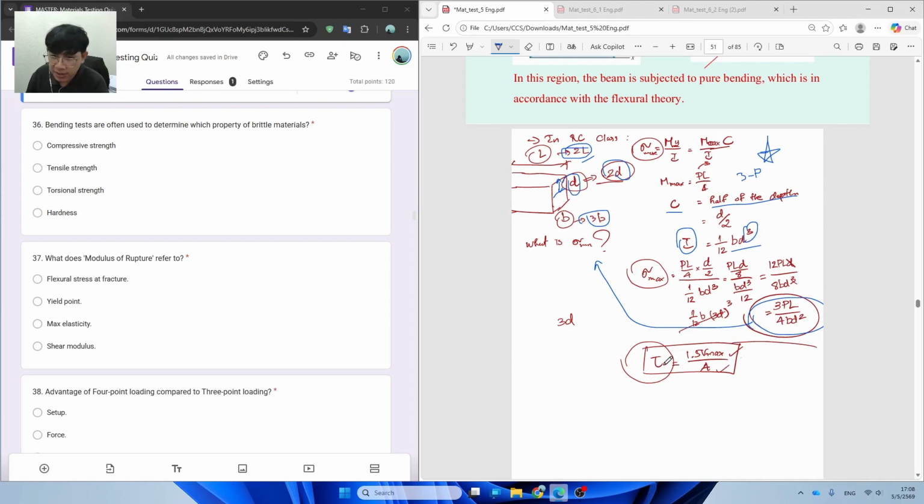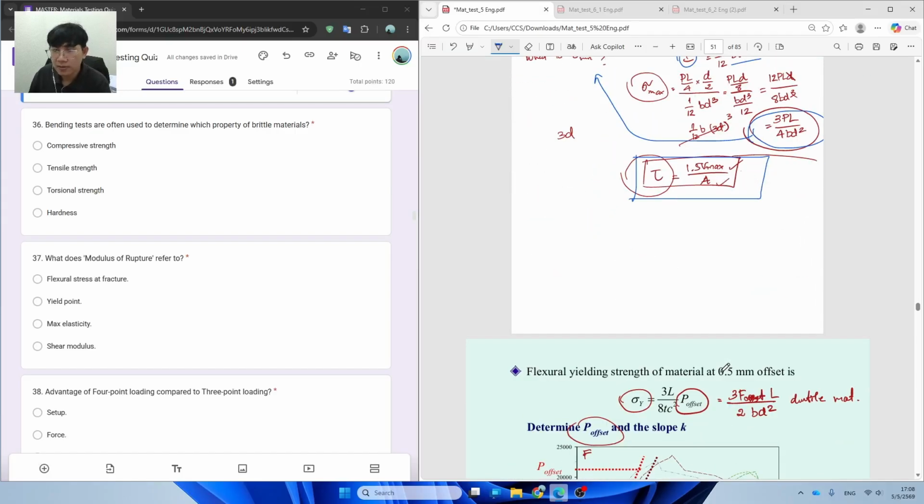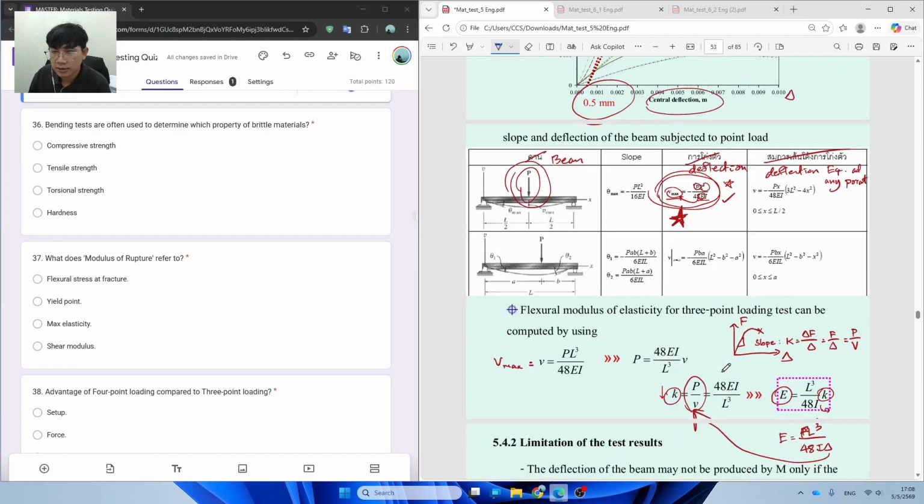Another one is going to be the maximum shear of the rectangular section. We can just use this equation from mechanics of materials: 1.5 Vmax over area. Next, because we use 3-point loading, the maximum deflection of the sample can be found easily as PL cubed over 48EI.